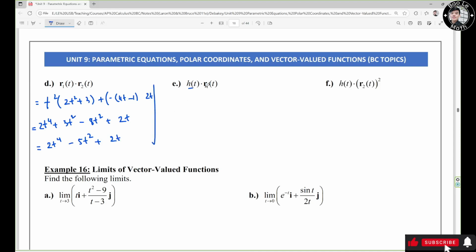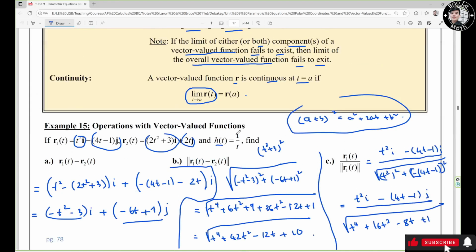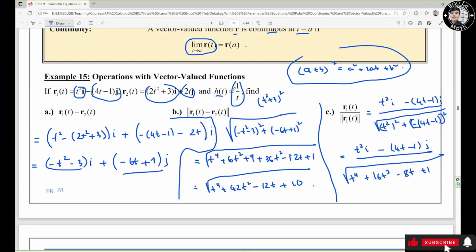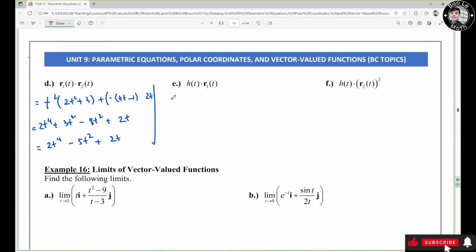Now h of t times r1 of t. h of t is right here, r1 of t is right here, right? So I just distribute this one to each of these right here, right? So it's going to be 1 over t times t squared I minus 4t minus 1 j, right?